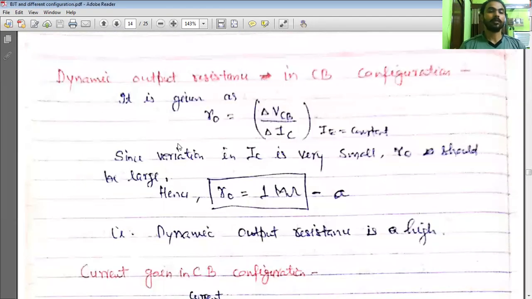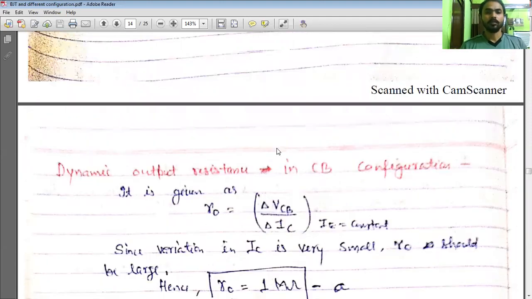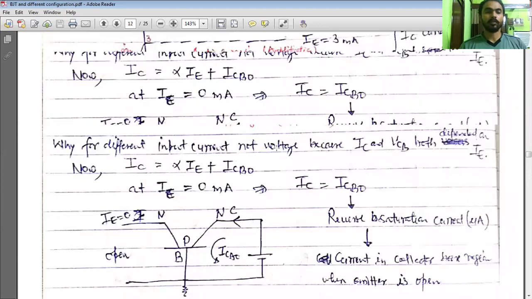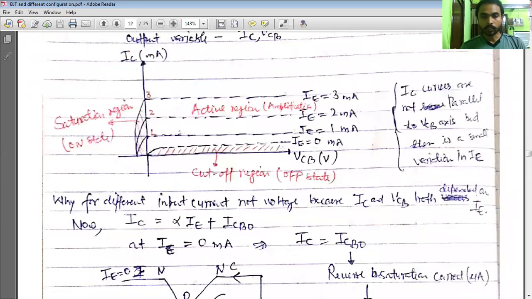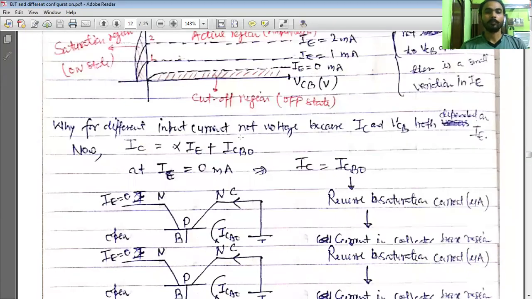Okay, now we'll come to the dynamic resistance. Again, the same: the dynamic resistance will be del V by del IC at some input current, because this curve has a slope, as I told you from the last class, the resistance is nothing but del V by del I. So it is the change in the voltage VCB on the x-axis and the change in the output current IC on the y-axis for different input current IE.